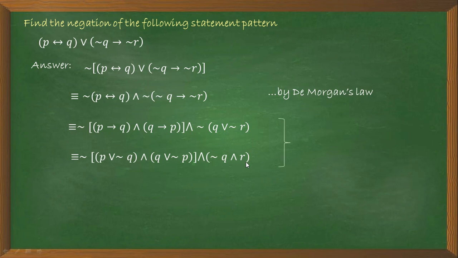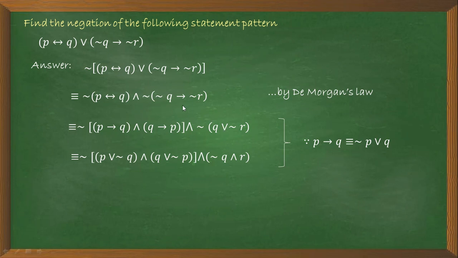So what we have used here, in both the steps, is the meaning of P implies Q, that is equal to negation P or Q. See here, P implies Q means negation P or Q. So in this case, negation Q implies negation R can be written as Q or negation R. So the rule of implication is applied here.